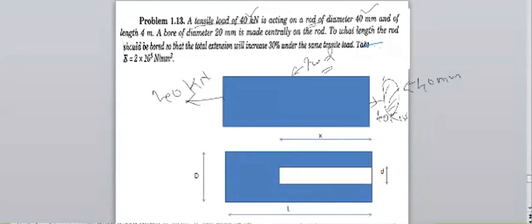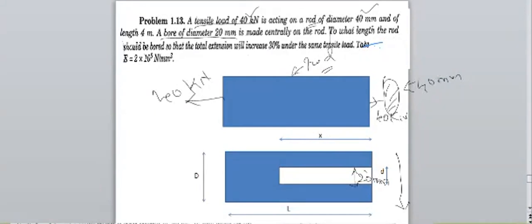This is the first case. Next, a bore of diameter 20 mm is made centrally on the rod. Bore is nothing but making a hole, whose diameter is 20 mm.